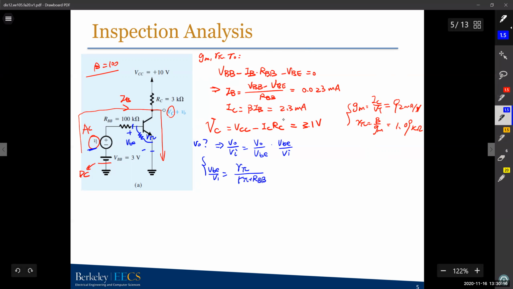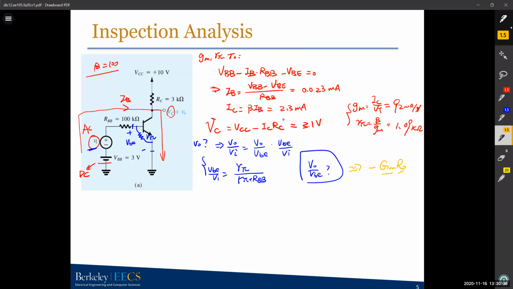And then I want to use the inspection analysis to find Vout over VBE. So recall the inspection analysis we did before. It's usually negative GM times RO. You have to find gm and R naught for the circuit. The output here is at the collector, and your input is at the base. So basically we are doing a base to collector circuit.